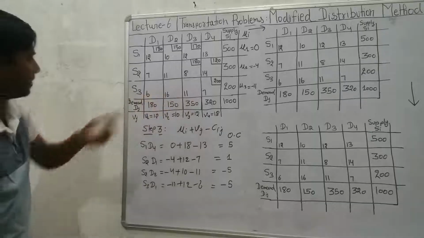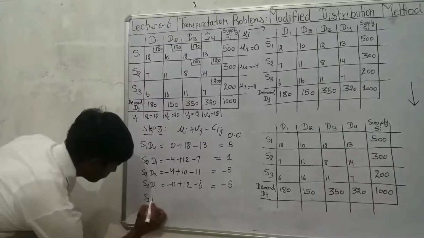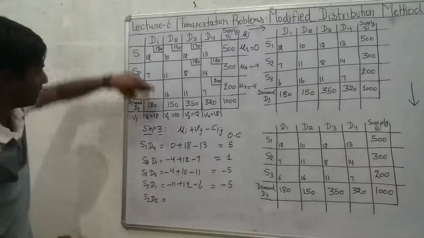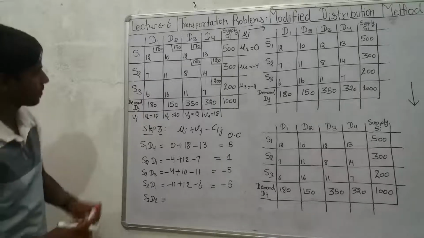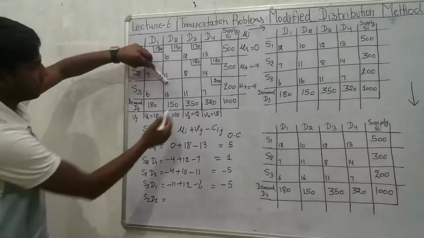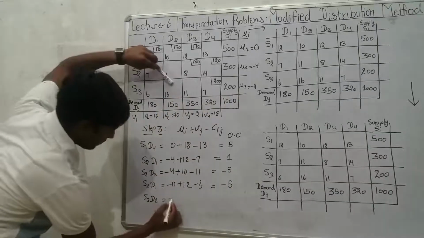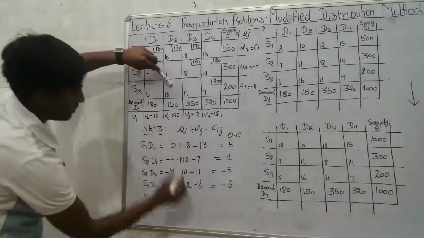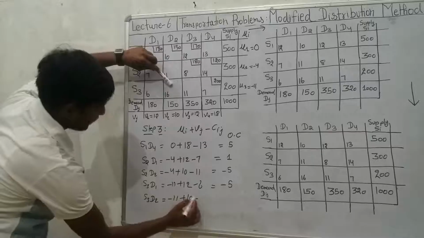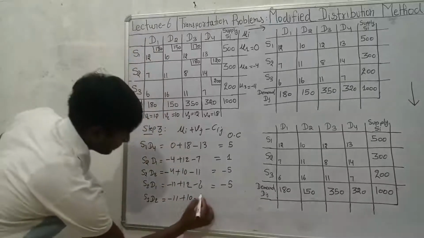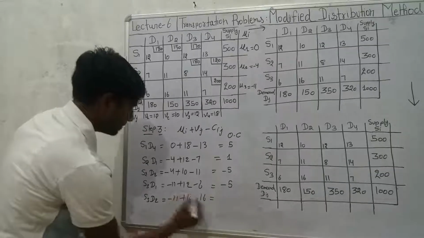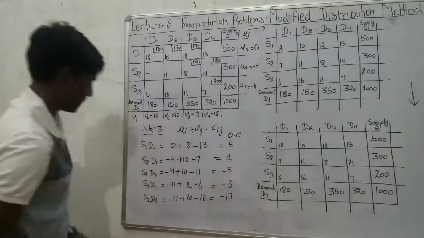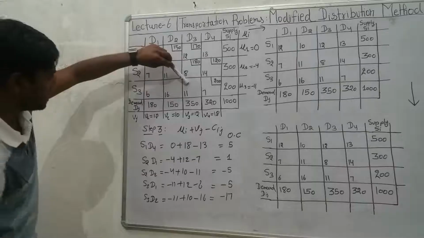For the next empty cell, S3D2, the value of U is minus 11, the value of V2 is plus 10, and Cij is 16. So minus 11 plus 10 minus 16 is minus 17. And for the last empty cell, that is S3D3.